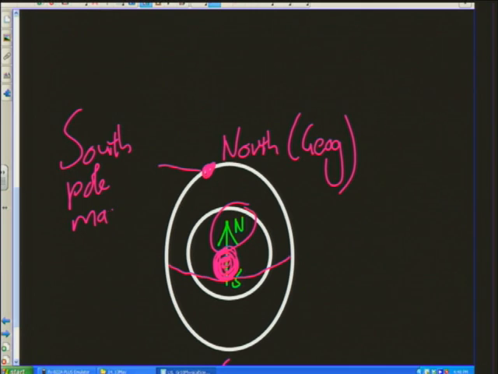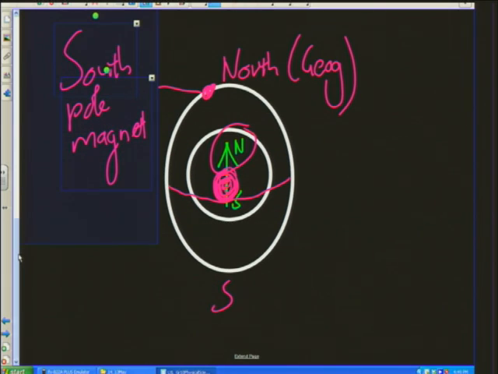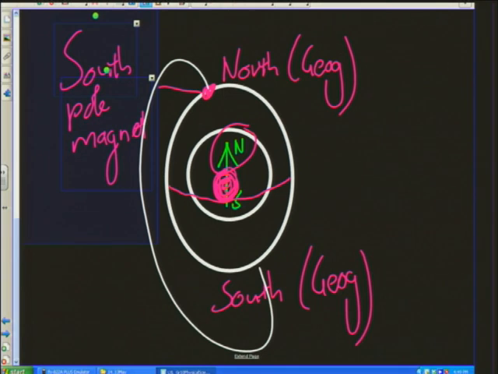So if we have to draw the magnetic field of the Earth, what would we recognize? That at the geographic north and at the geographic south, this is geographic, that the nature of the poles is actually the opposite. So the magnetic pole goes around like this, just like a big bar magnet.